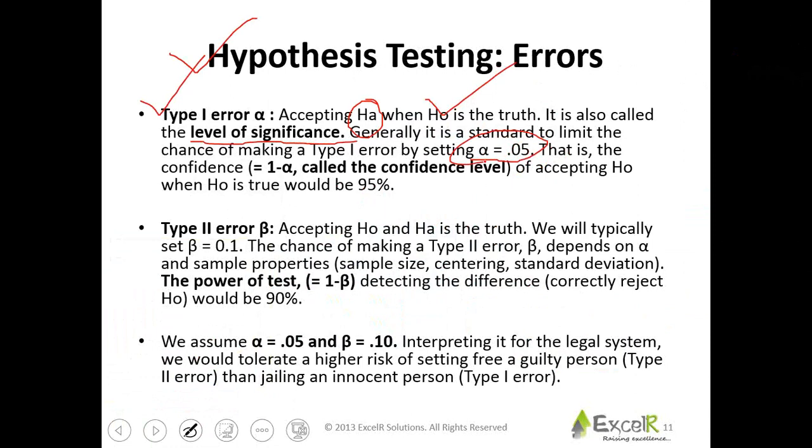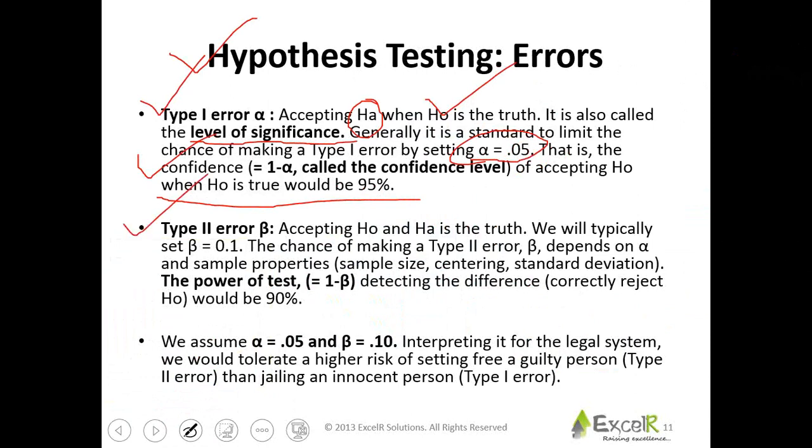That is, the confidence, 1 minus alpha, which is the confidence level of accepting H0 when H0 is true, would be 95%. There is a 95% chance that you are going to release a person who is innocent. But there is always a 5% chance that you might make a mistake. That is type 1 error.